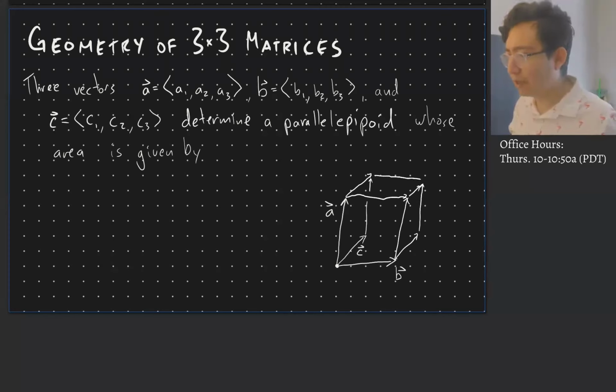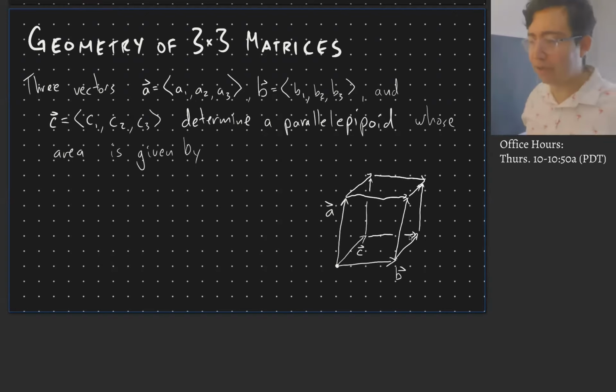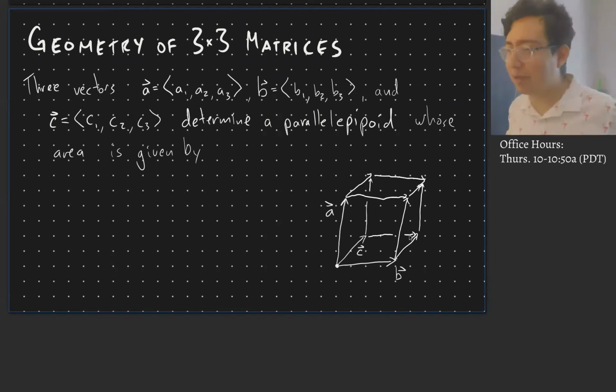It looks kind of like a cube or rectangular prism, but it's all askew. There are better pictures, of course, in the textbook or online if you look up a parallelepiped. Sorry, I keep messing that word up. That's the sort of shape we're trying to get, and you can compute the volume of this.